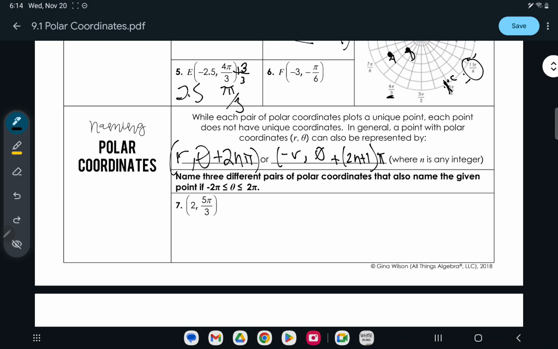So let's look at a few where we're going to name more. So I have 2 and 5 pi over 3. And I only want to go from negative 2 pi to 2 pi. So right now the 5 pi over 3 is between so far. So I could add 2 pi.